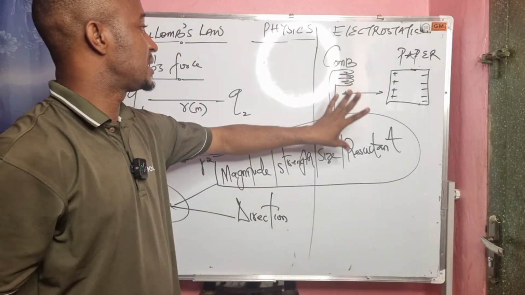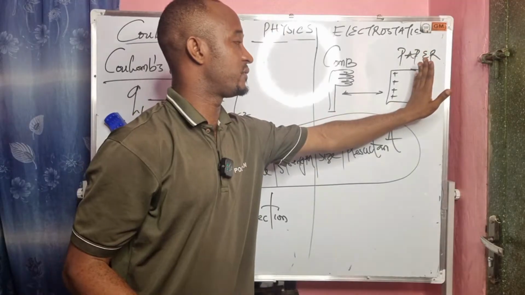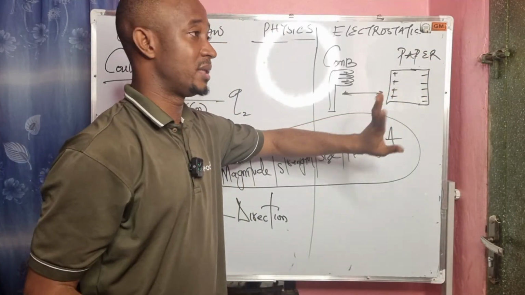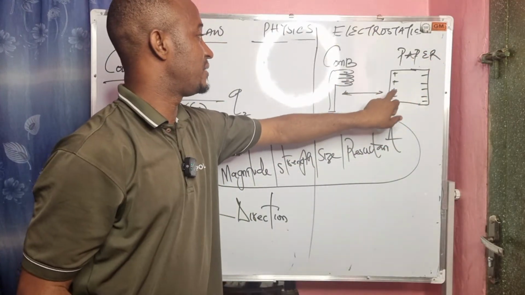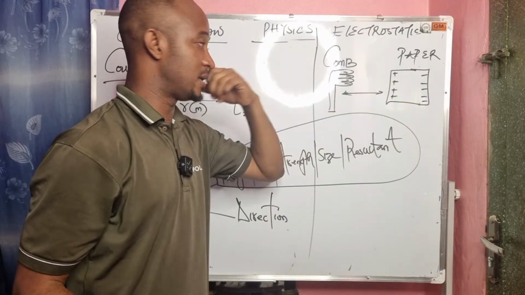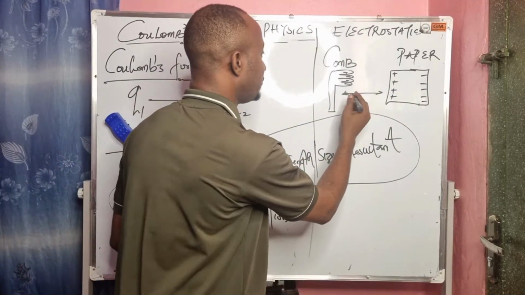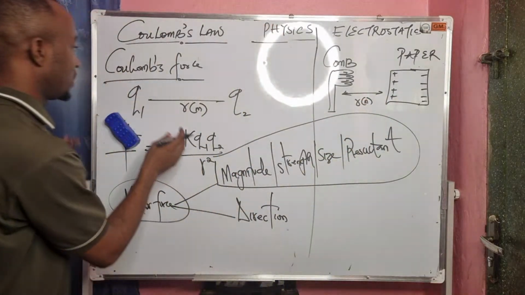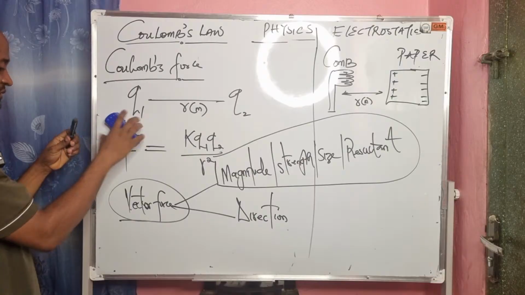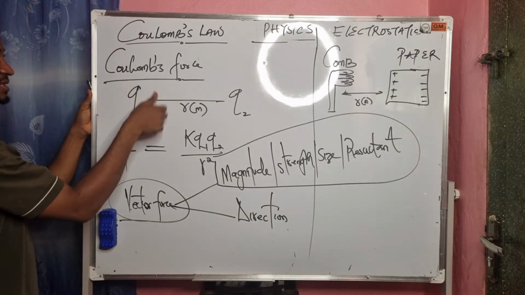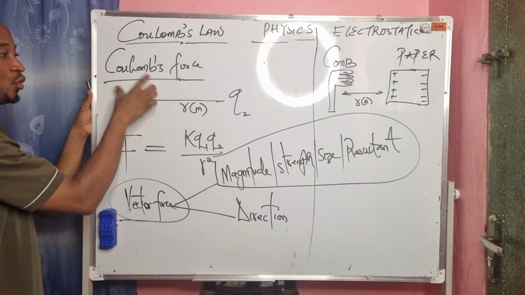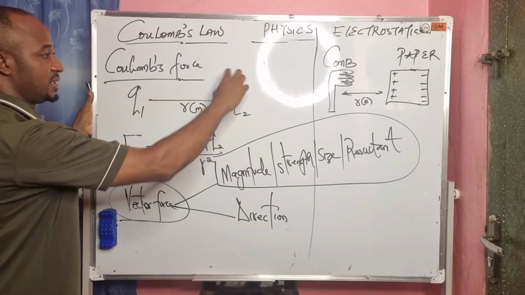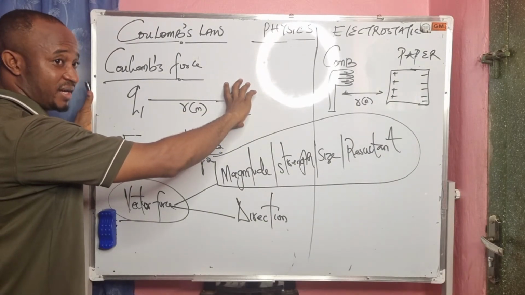So when this happens, the electrons are knocked off to one side of the paper, or rearranged. Then we have the protons here, right? Between them is our distance of separation in meters. So this is the comb, and this is the piece of paper. Do you get the concept here?